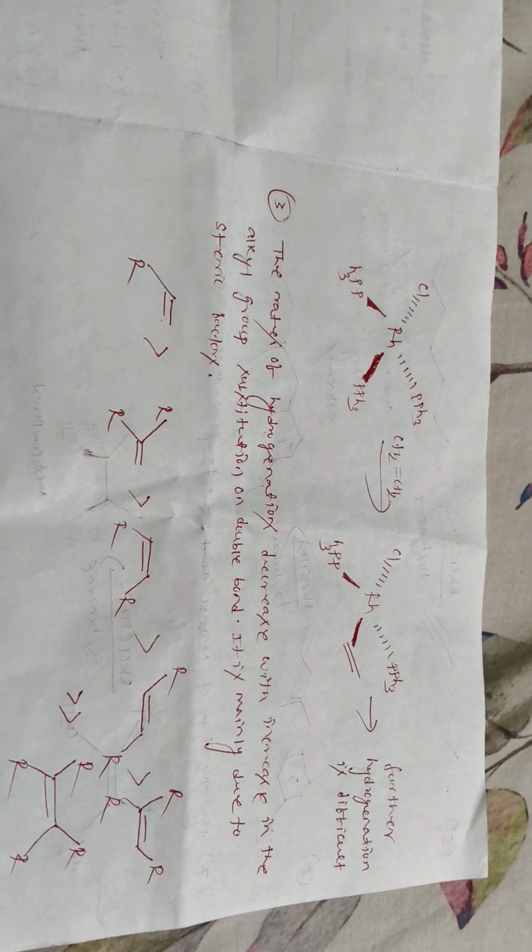Then point number 3, the rate of hydrogenation decreases with the increase in the alkyl group substitution. That means when you go for the reaction of a carbon carbon double bond with the Wilkinson catalyst, it is very important to consider the substitution along the carbon carbon double bond.